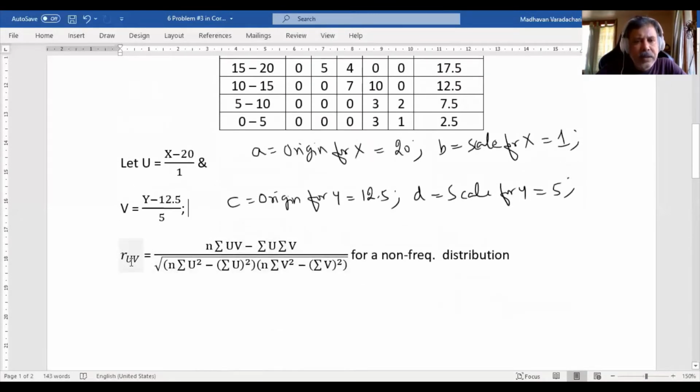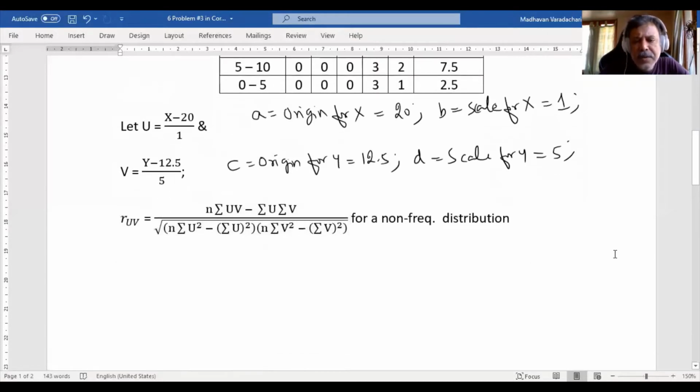Now we know this is the formula for a non-frequency distribution. So what I did is, instead of x and y, I consider it as u and v. If it is a frequency distribution, how will the formula be? It will be like this. R of uv is equal to, the small n will become capital N, the total frequency, capital N, summation.